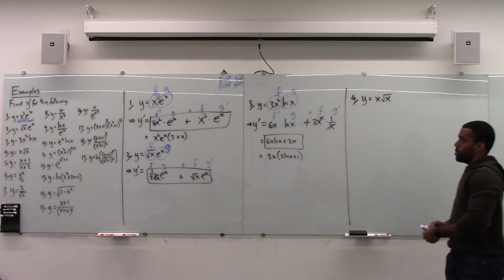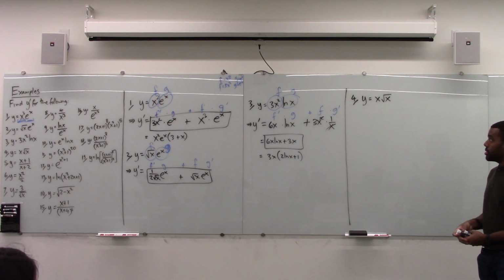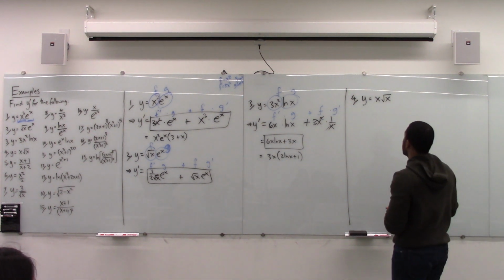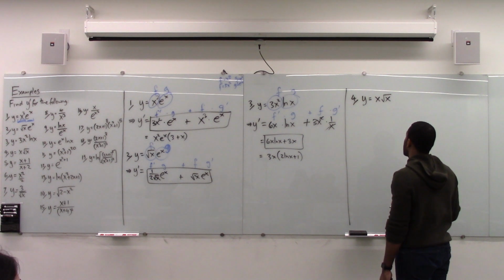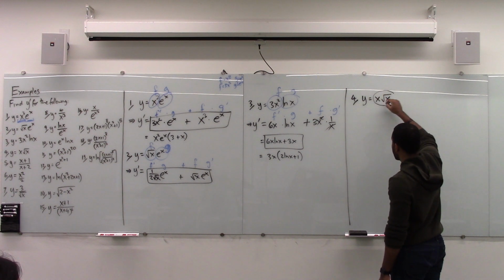What do you want to do here? So you could do the product rule. There's actually a nicer way. Notice this here, x times radical x.